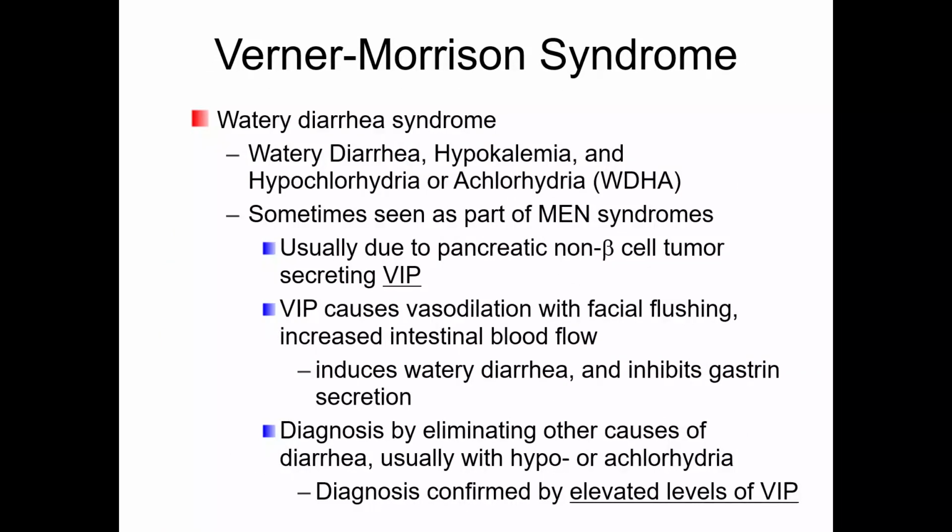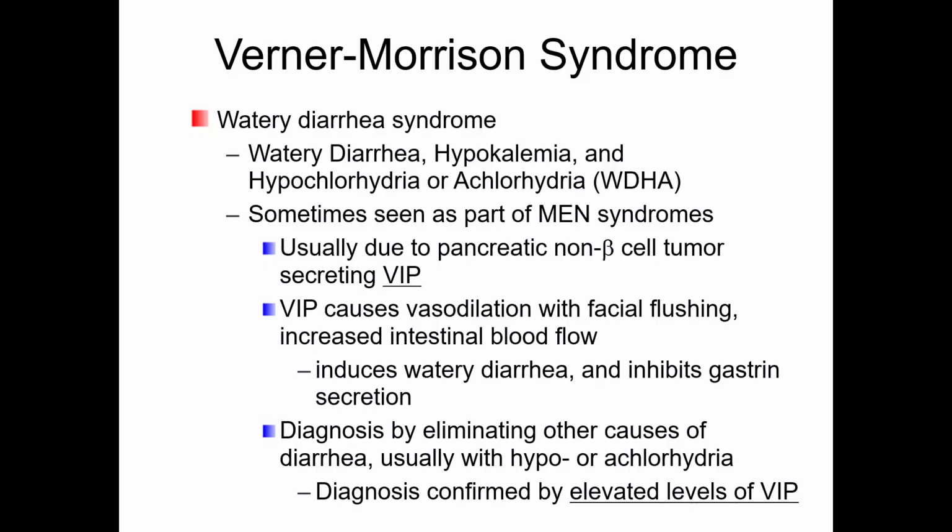Verner-Morrison Syndrome is a watery diarrhea syndrome. Watery diarrhea, hypokalemia (hypo means less, K is the element symbol for potassium, so we're talking about lower potassium), and hypochlorhydria or achlorhydria, sometimes seen as part of MEN syndrome, usually due to a pancreatic non-beta cell tumor secreting VIP.